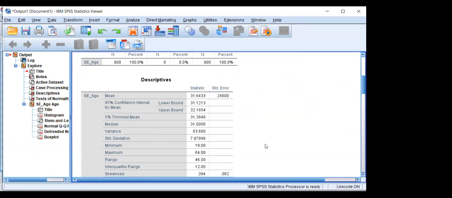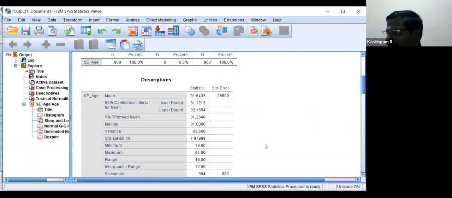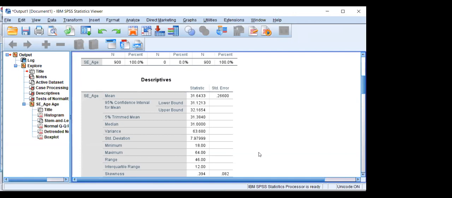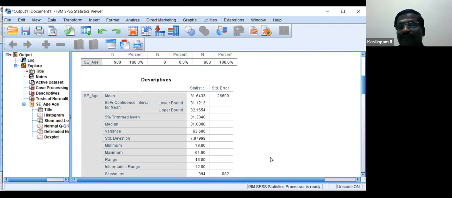Median is the middle value. No, median 31 means what, madam?